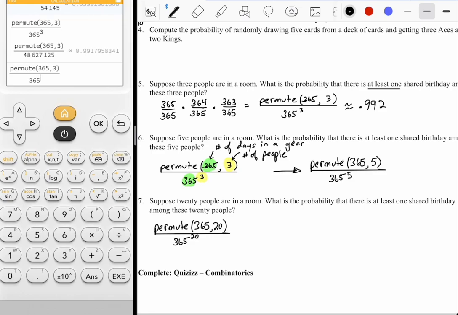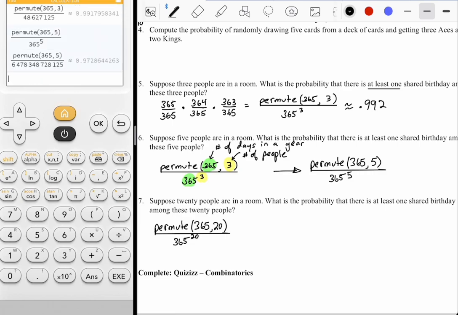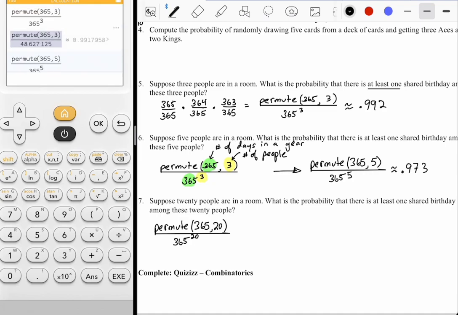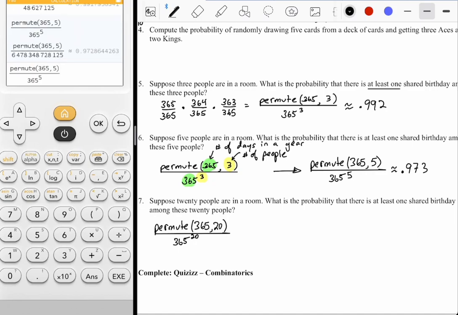So this is going to be to the 5th power. So now we're up to about 0.973. And then we're doing it with 20 people in the room.